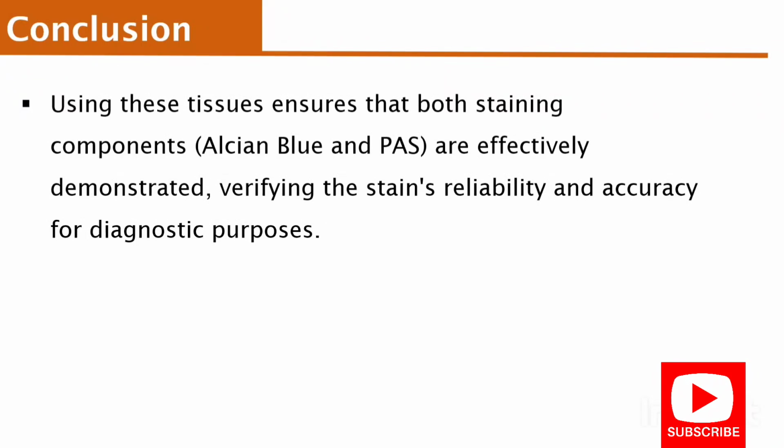Because it will help in verifying the stain's reliability and accuracy for diagnostic purposes. Remember, if you want to differentiate the acidic content and the neutral content, you need a control that is able to do that. So there has to be already a sample that we know contains it. Because if we don't have such a positive sample, how do you determine that your test is accurate or not? I hope that makes sense.